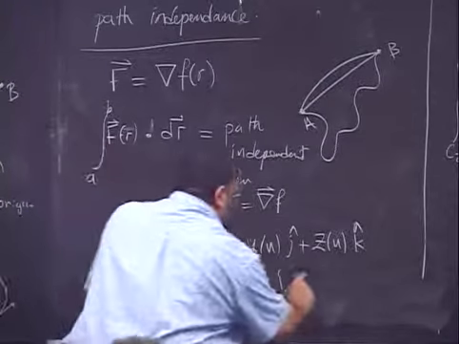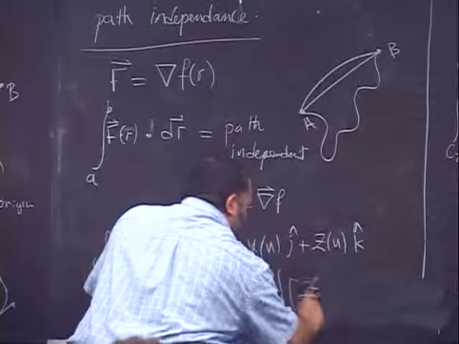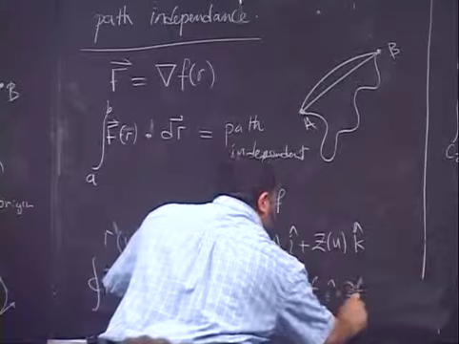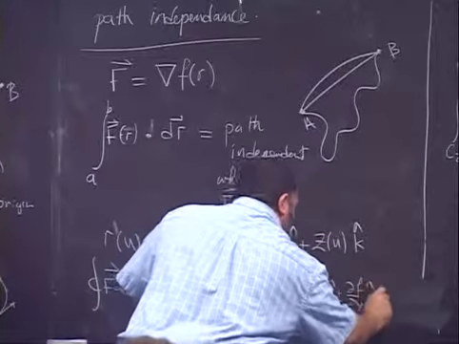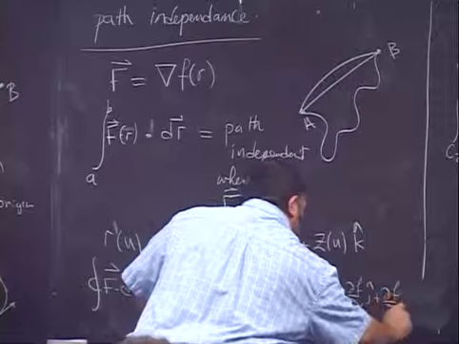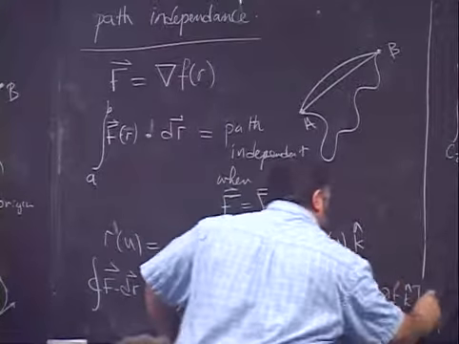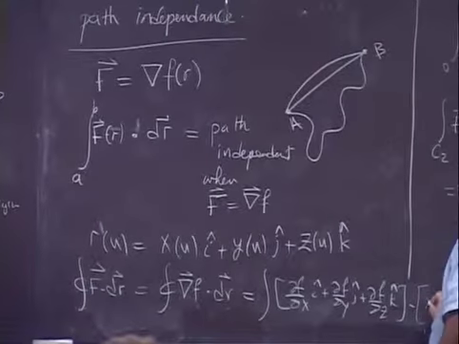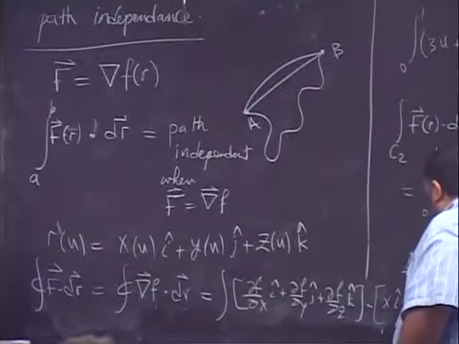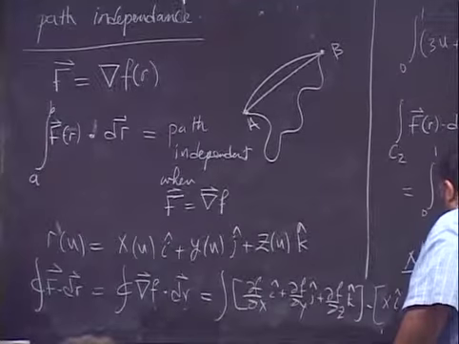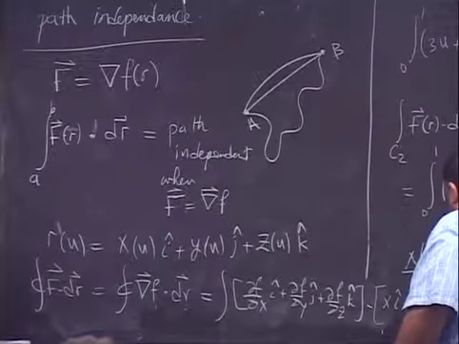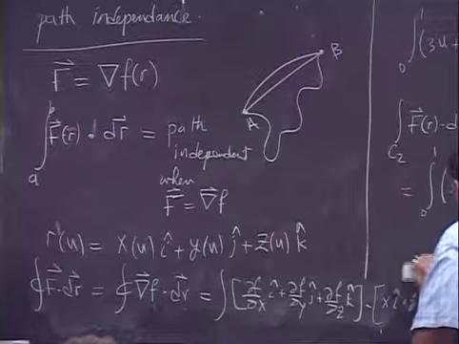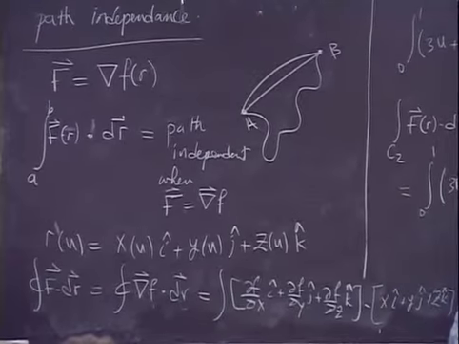What's the gradient? df by dx in the i plus df by dy in the j plus df by dz in the k, dotted with what? x in the i plus y in the j plus z in the k. And there is dr here.